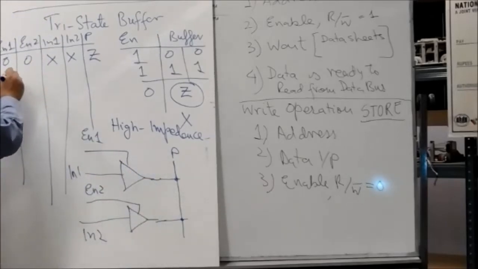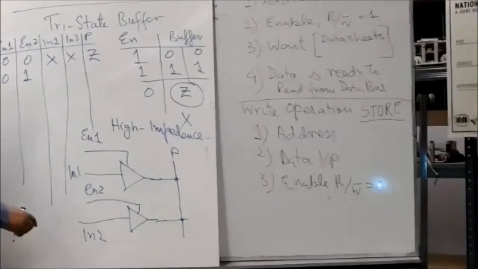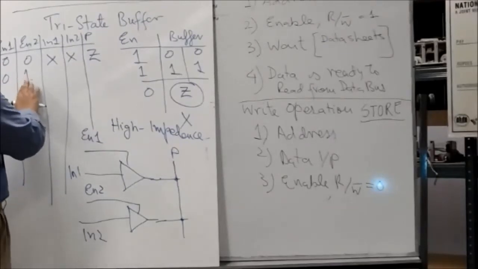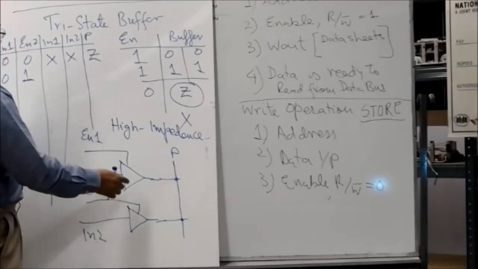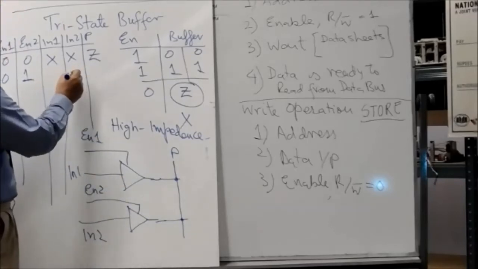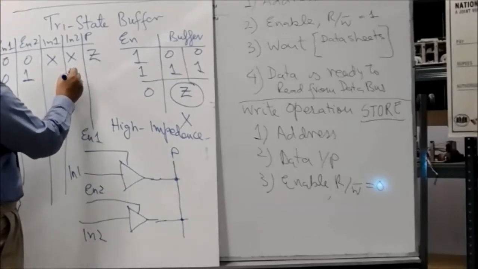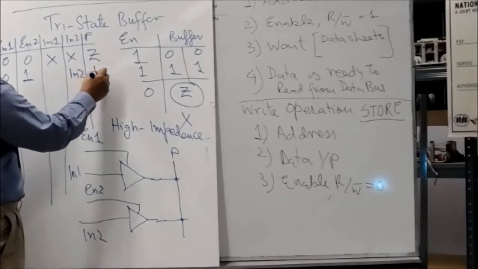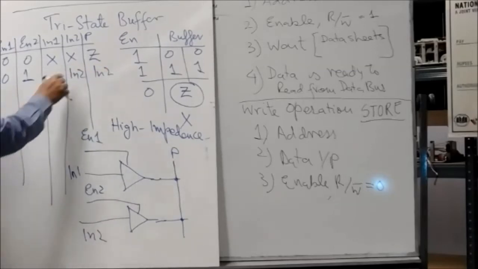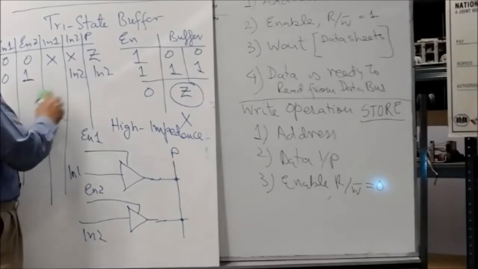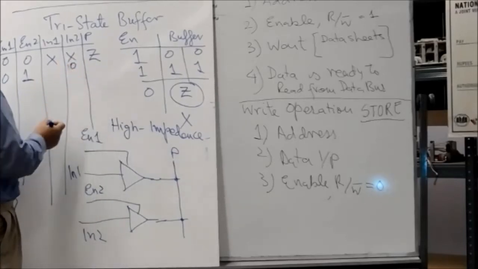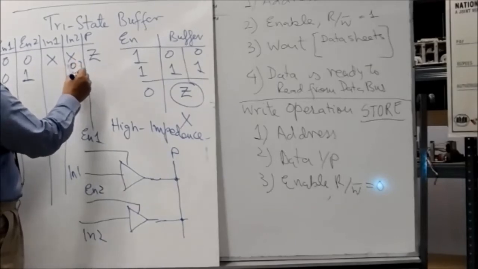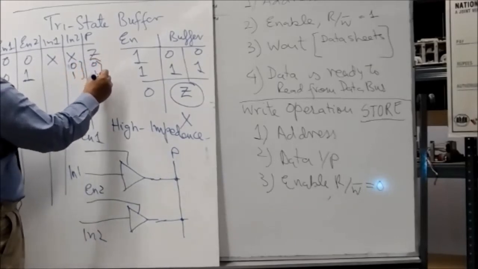When this is 0 and this is 1, like a multiplexer, exactly like a multiplexer, enable 2 is on, so in 2 will appear over here, whatever it is, 0 or 1.